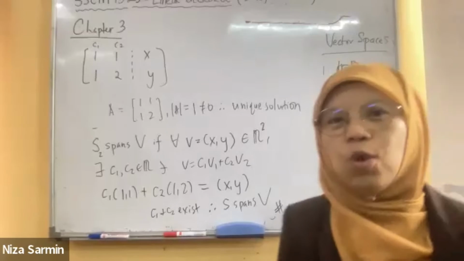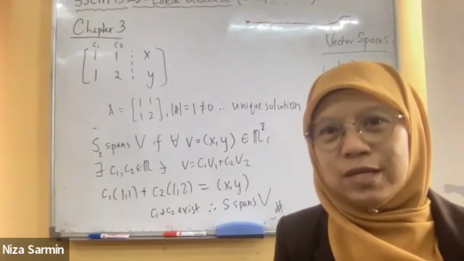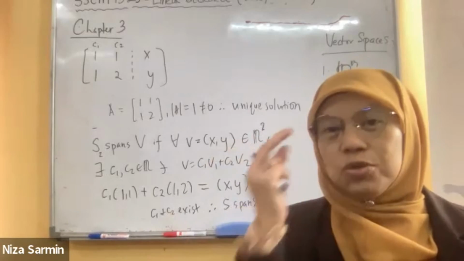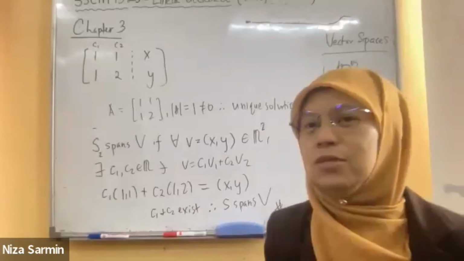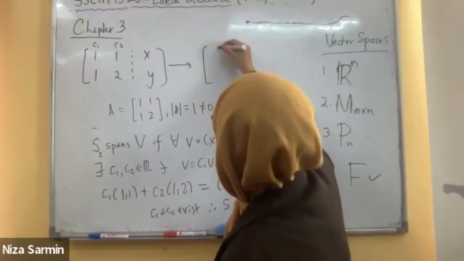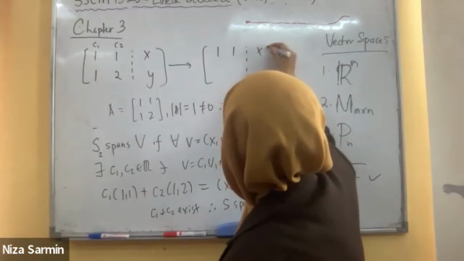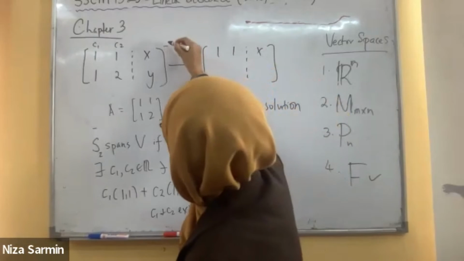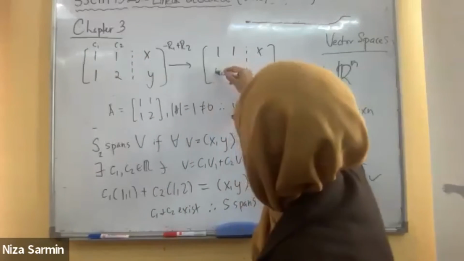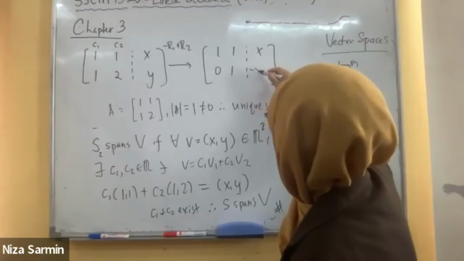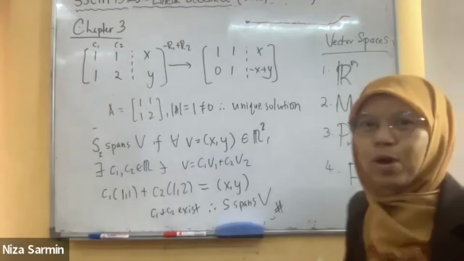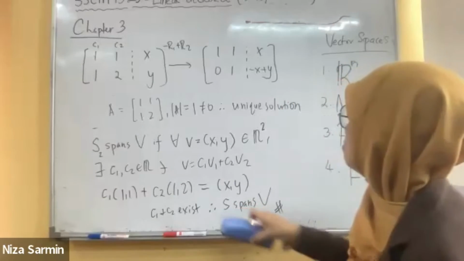If the question wants you to find c1 and c2, then you have to write longer and solve what is actually c1 and c2. Then you will show one more: (1,1,x), negative row 1 plus row 2, right? So you get (0,1, negative x plus y). And then one more, okay?